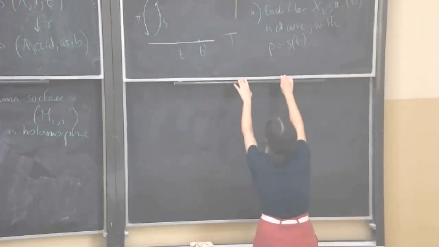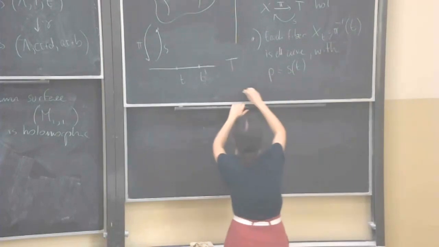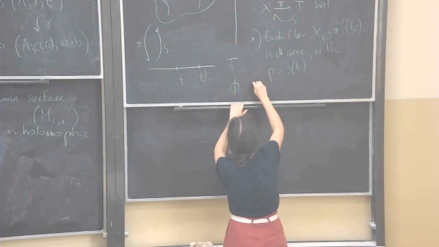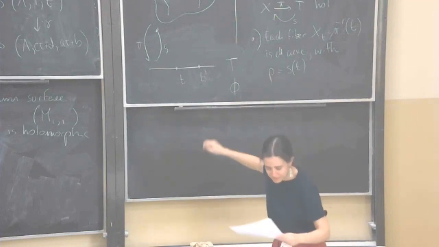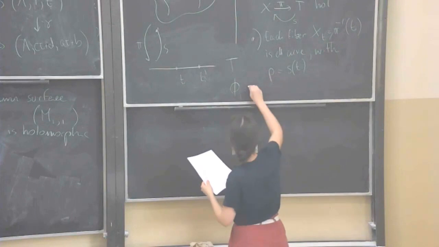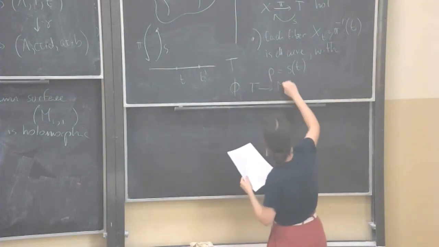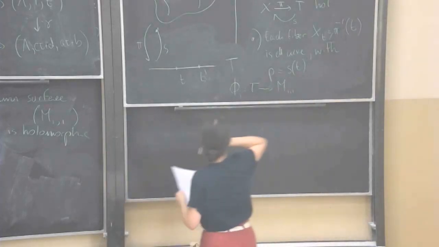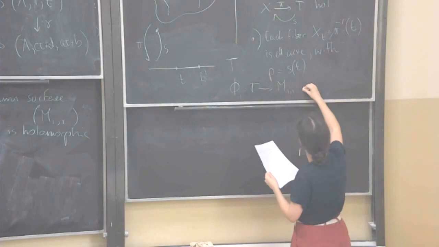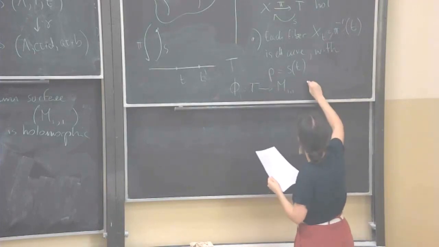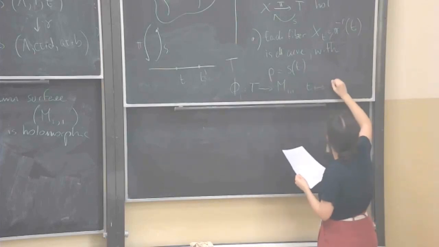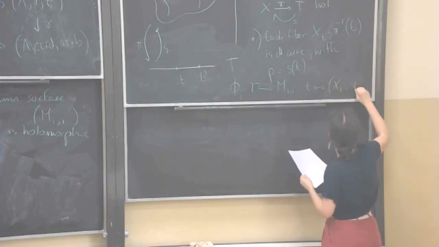So we have this, and this gives us a map that we will call P, that goes from T to M1, so to this right here, which to every small t associates the elliptic curve described by this, so X t and S as a special point.